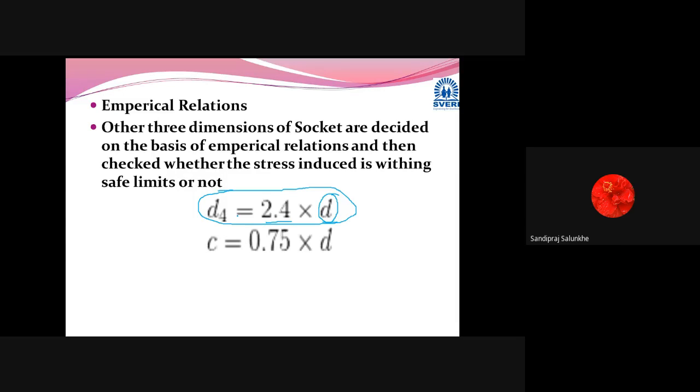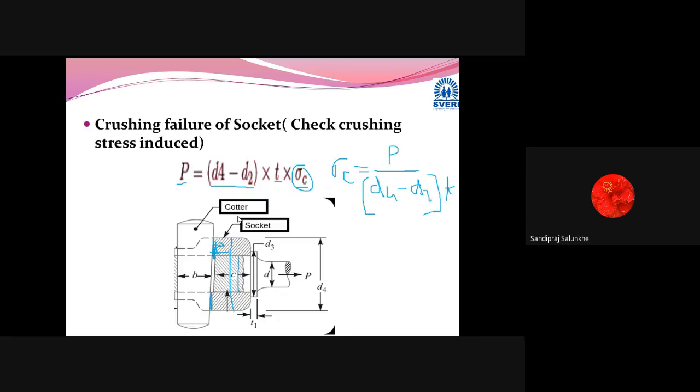Sir, how is the formula for the crushing failure of the socket derived? Okay, how is that formula derived for the crushing stress? Now see, crushing stress is equal to force divided by area. Am I clear? Now, how much force is applied? This whole joint is going to sustain this force P, that is, P is the tensile force.